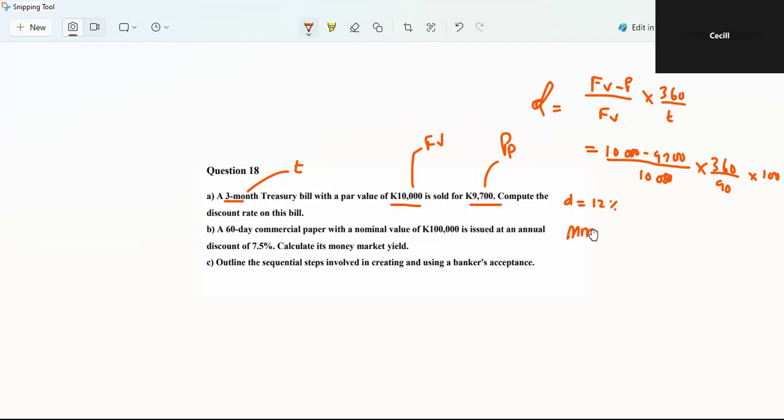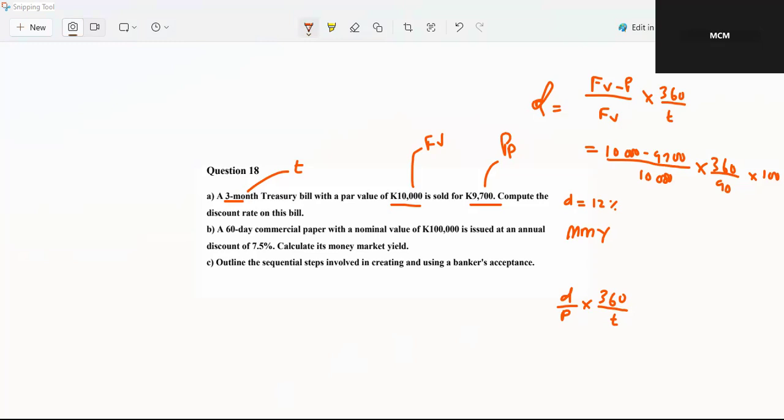The formula that I have here says D over P times 360 over T. Is this the correct formula? The formula for the money market yield.